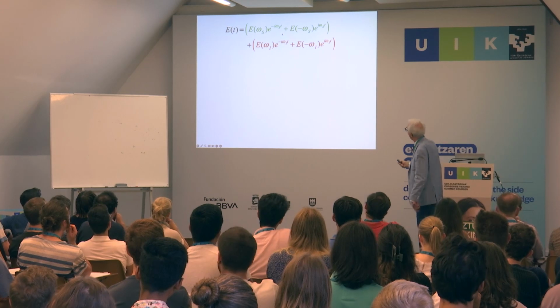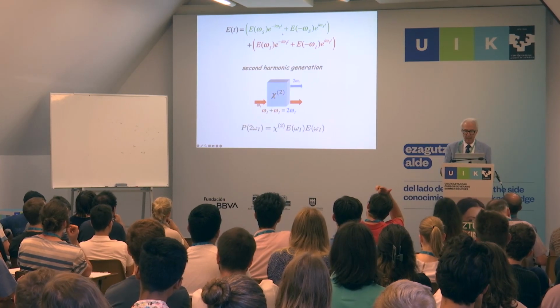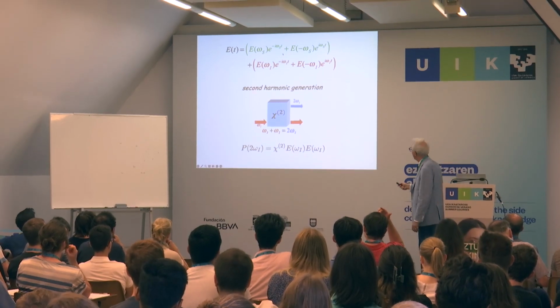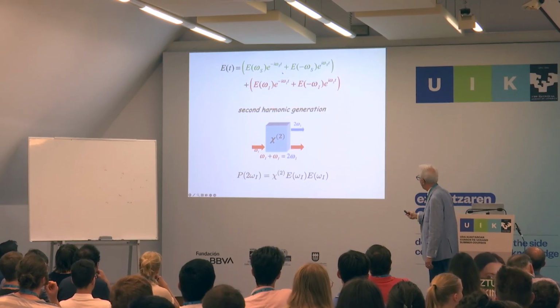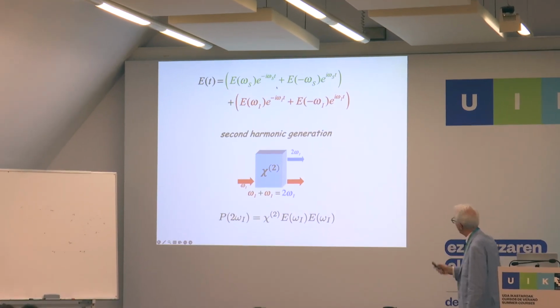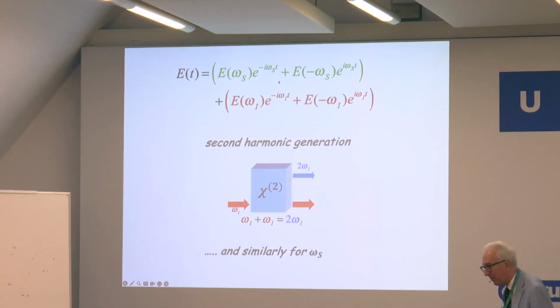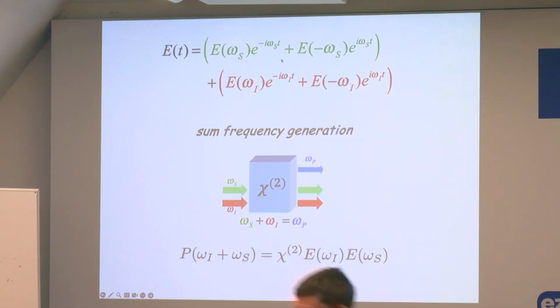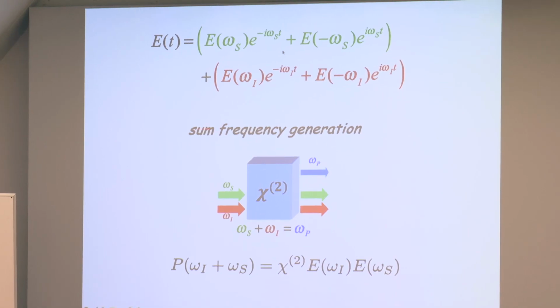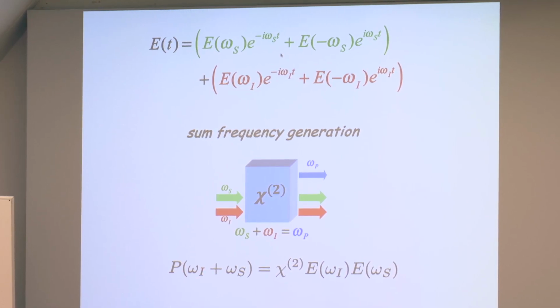Suppose I send in 2 frequencies now, say omega s and omega I. Well, I can certainly get second harmonic generation at omega I, so I can use this one twice. I can also get second harmonic generation at omega s, of course. I can also get what's called sum frequency generation by combining one of these with one of these, and I can get a polarization at omega I plus omega s.